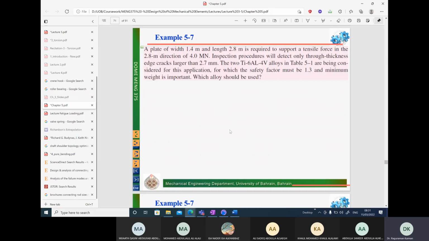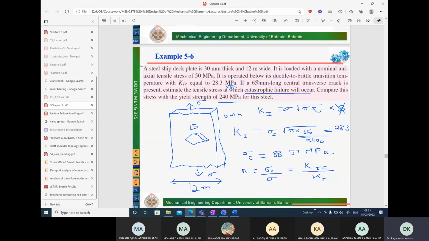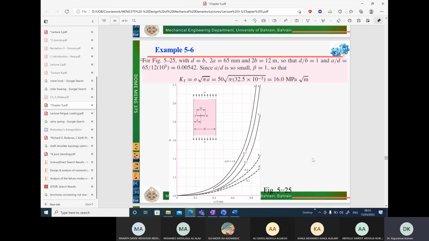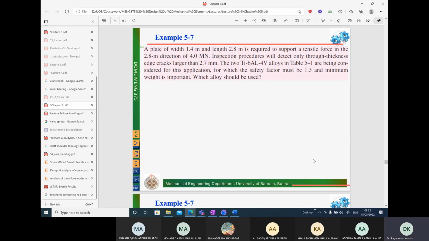Last class, we went through an example problem where we have a central crack, transverse with respect to the applied load, and we evaluated at what stress the catastrophic failure will take place. We also evaluated the value of n, the factor of safety associated with the fracture. Okay, now we'll go to another example problem, a similar problem.